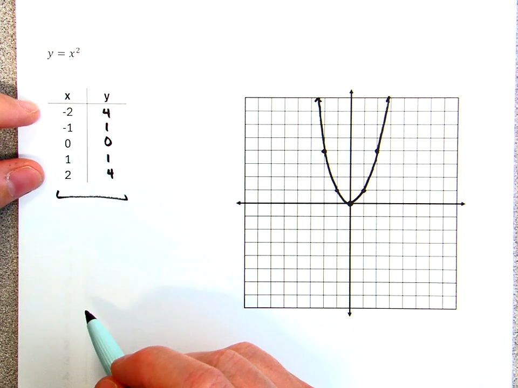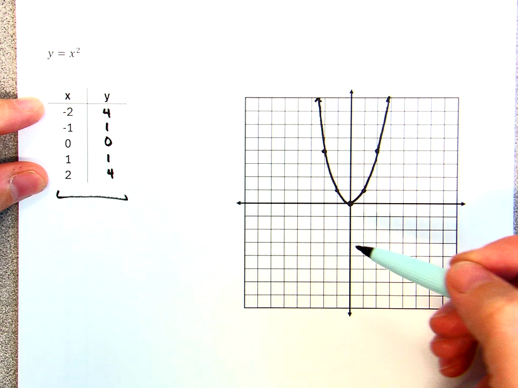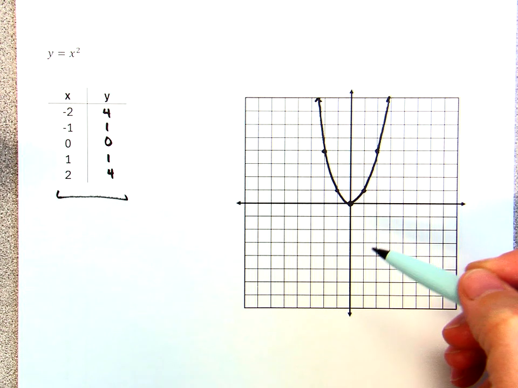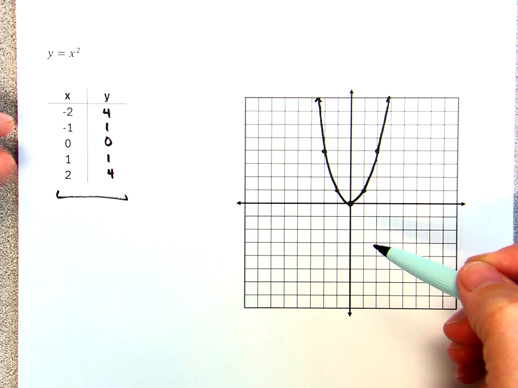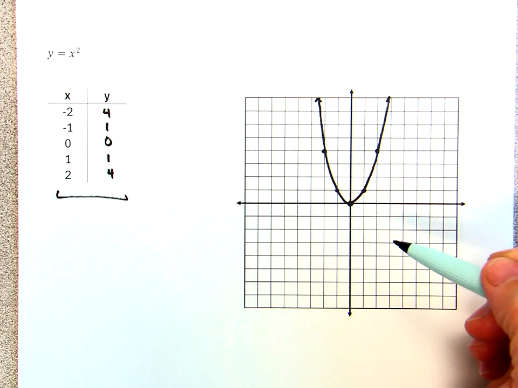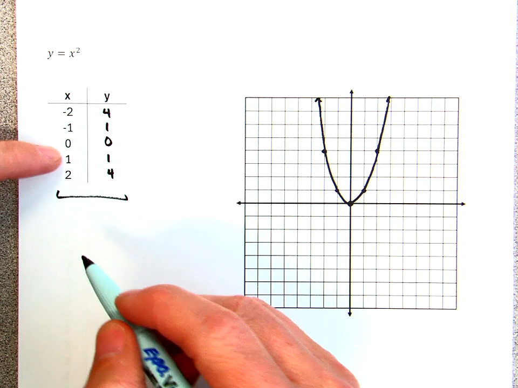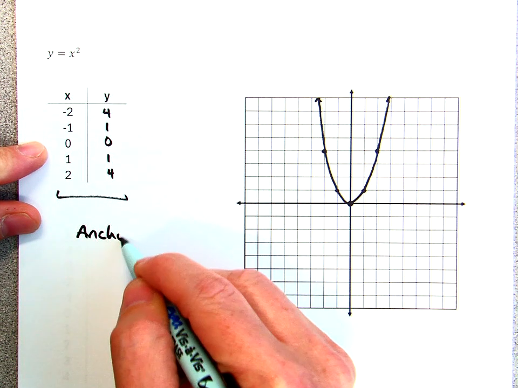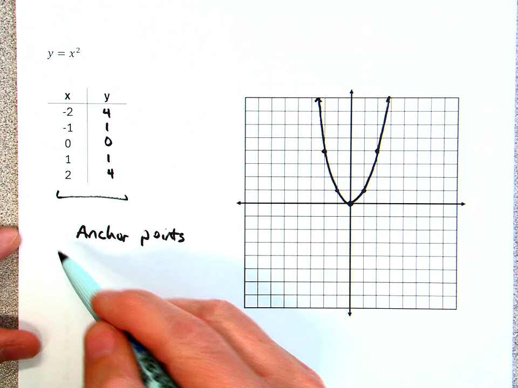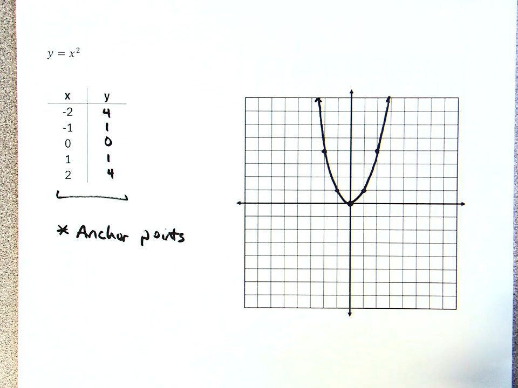We're going to start off by plotting points to see the shapes, and then we're going to try to move away from using tables to graph these, to understanding how each transformation affects either x values or y values in the function, so that we can just quickly produce a graph of this. So these 5 points, I'm going to call these anchor points, because these are the points that will essentially hold the shape of the parabola as we know it.